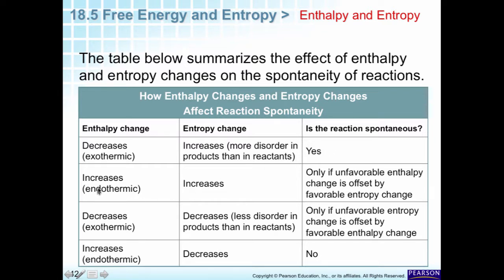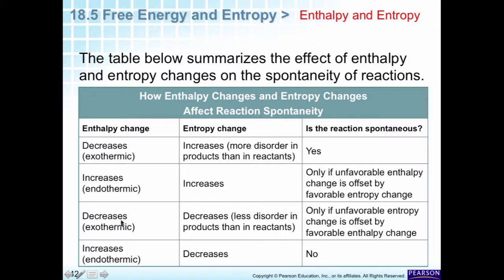If we have an increase or an endothermic enthalpy change, and an increase in entropy, it may be spontaneous only if the enthalpy change, which is not favorable, since endothermic is not favorable for spontaneity, is offset by a favorable entropy change. So the entropy must make it so.